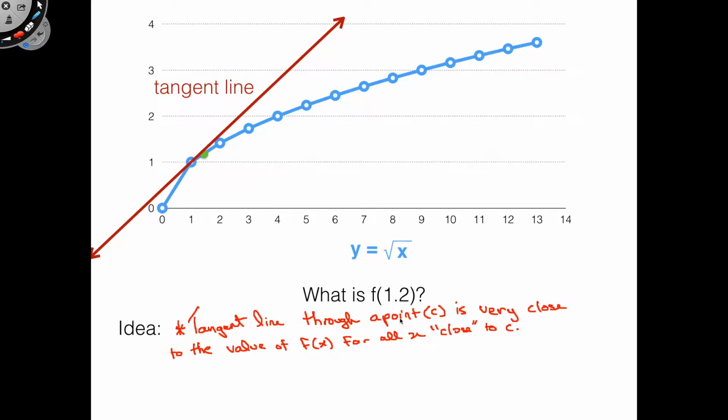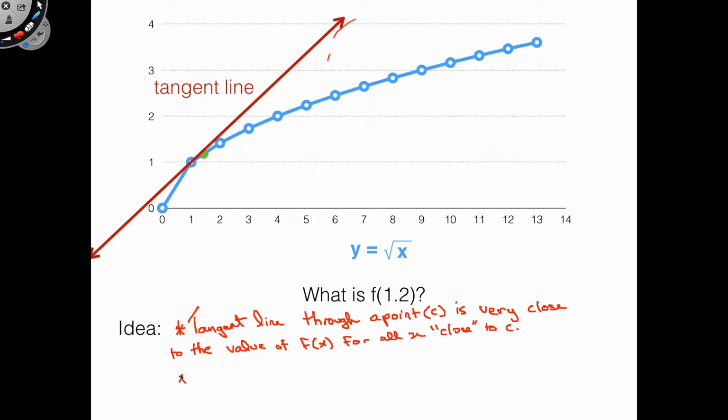So for any x values that are close to the value of C we have chosen, the tangent line represents a good representation of what the function might look like there. Now, if you chose a point x equals 10, then the tangent line that goes through this point is not a very good representation, right? Because the tangent line's way up here and that point's way out here. So for points close to C, however, the tangent line's a good approximation. It's close enough, right?